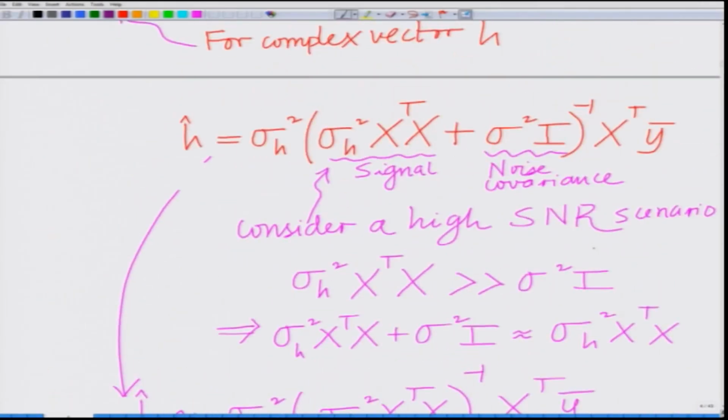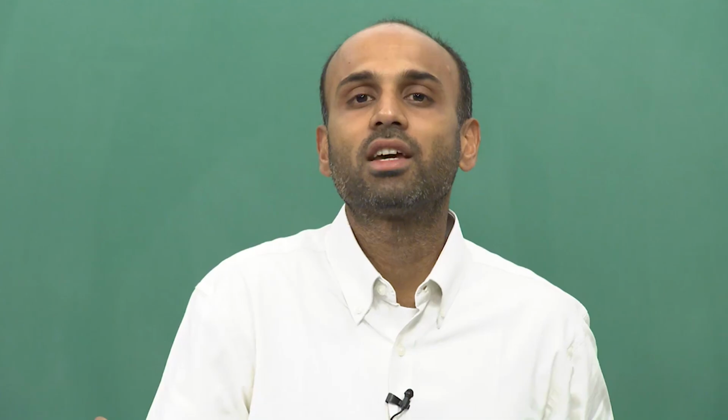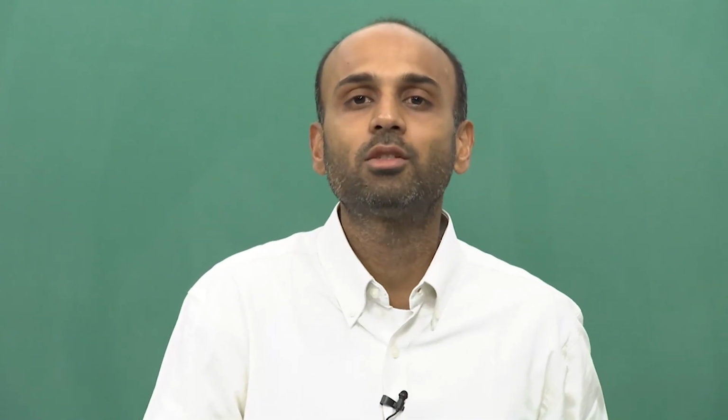That is a very interesting aspect, and the other interesting aspect is that the inverse of sigma h square x transpose x plus sigma square times identity always exists, even when x transpose x is not invertible.